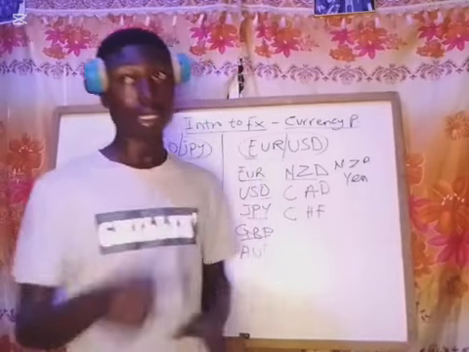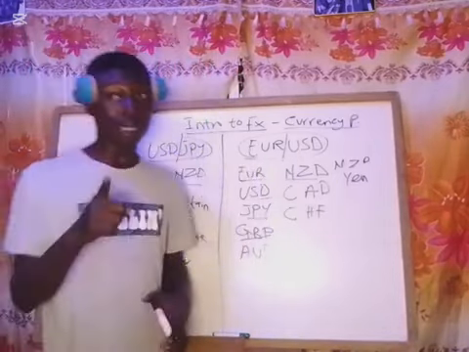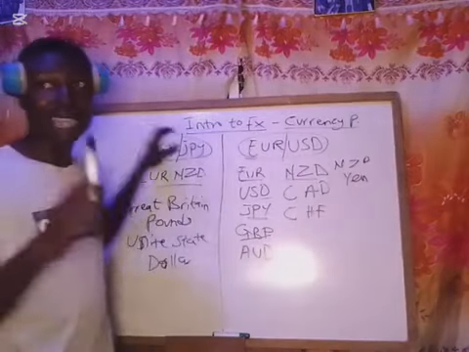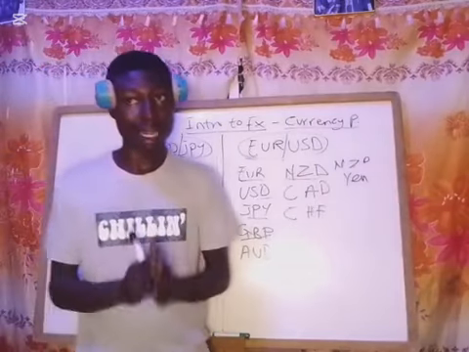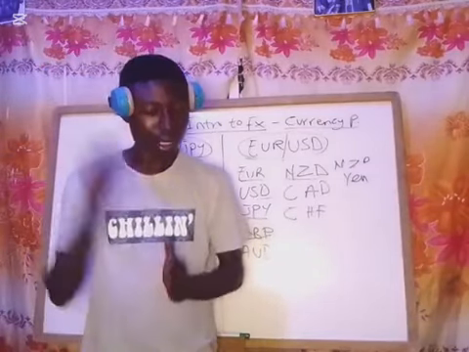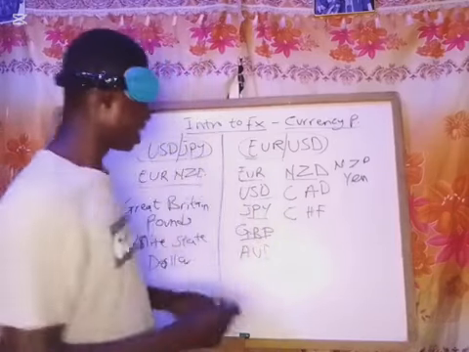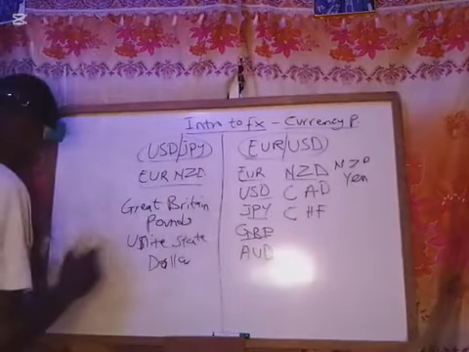Now, one thing that I want you to remember is the major pairs. The major pairs are pairs that have USD in them. Put it in your coconut head. The major pairs are pairs that have USD with them.